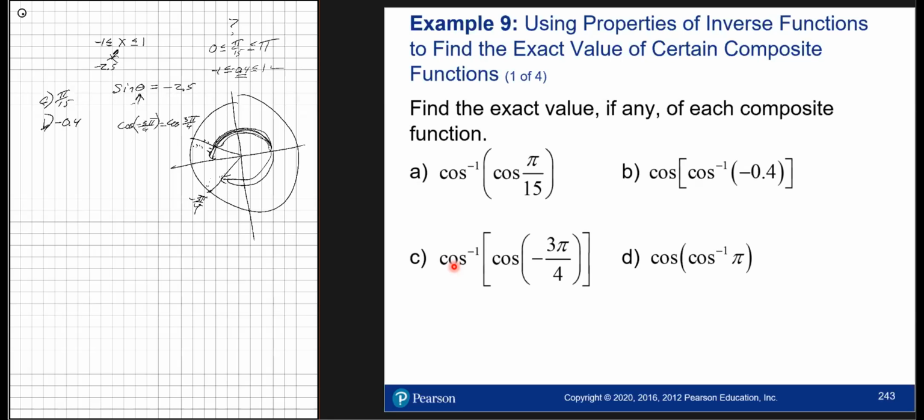So the inverse cosine of the cosine of negative 3 pi over 4 is the same as the inverse cosine of the cosine of 3 pi over 4, which is 3 pi over 4, because we're undoing the cosine. We're undoing the function. We're getting the argument back.